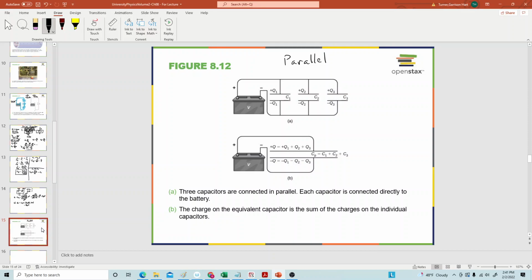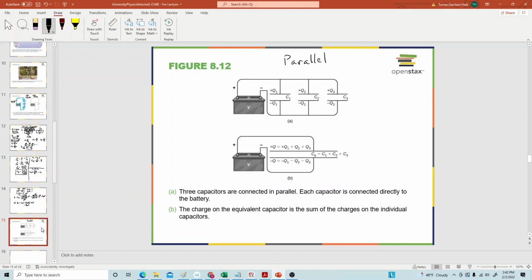So here the voltage that each capacitor feels is going to be the same. So in the previous example, the charge was the same, but the voltages were different because the capacitors were different. Here, the voltages are going to be the same, and the charges are going to be different because the capacitors are going to be different.